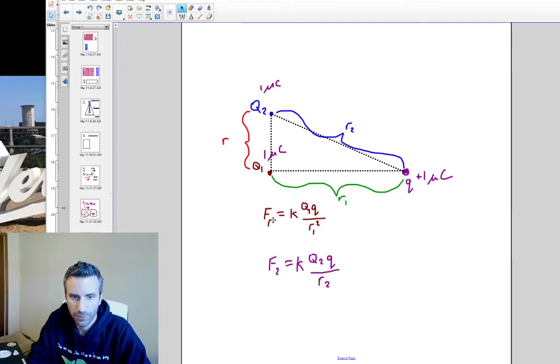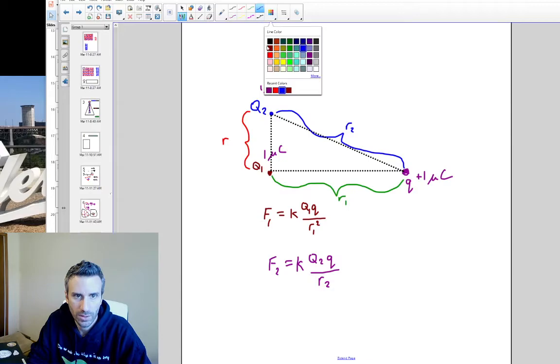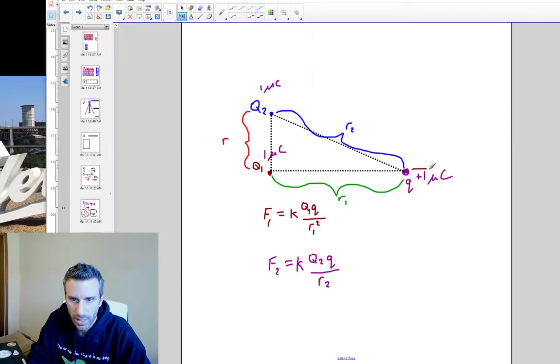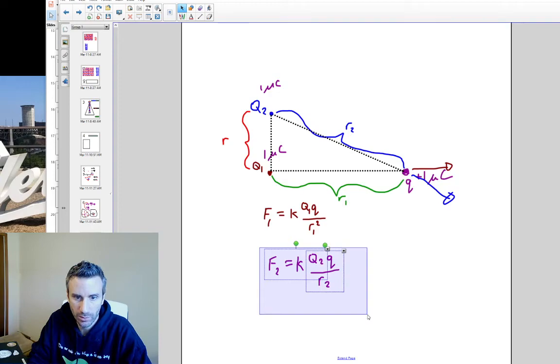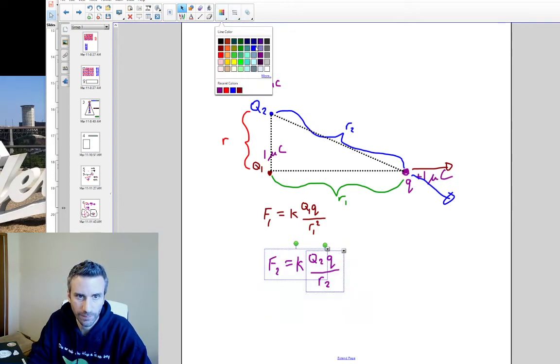So the force from object 1, that is going to apply a force in this direction. That's from Q1. Q2 is going to apply a force down and to the right. If I'm going to keep my color coordination, this one should be blue. There.